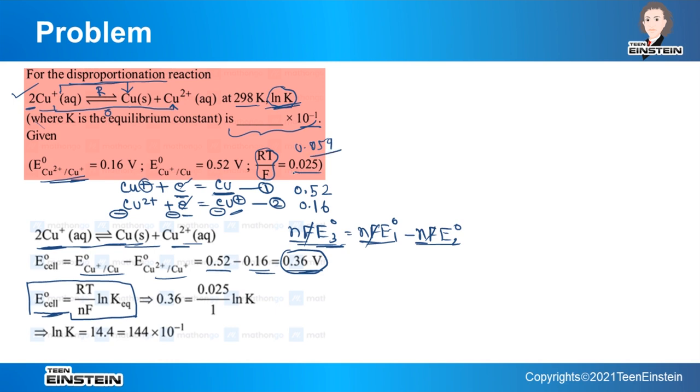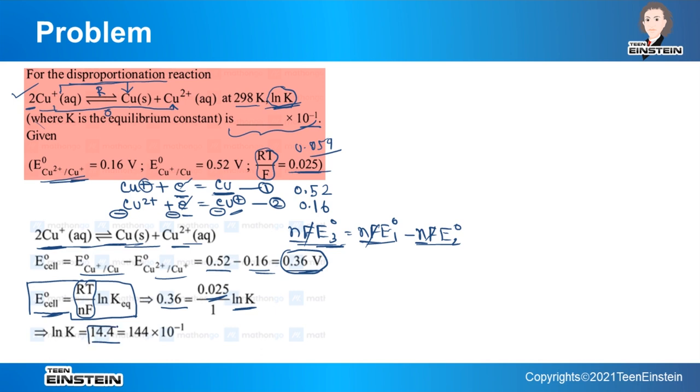Here directly the RT by F value is given, 0.025. So put it here, and the number of electrons involved is 1, so N is 1, and ln K. So simply ln K will be 0.36 divided by 0.025, which is 14.4.